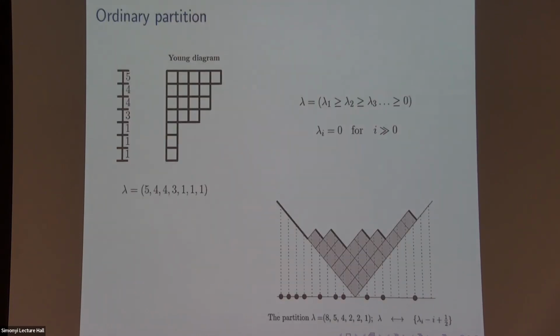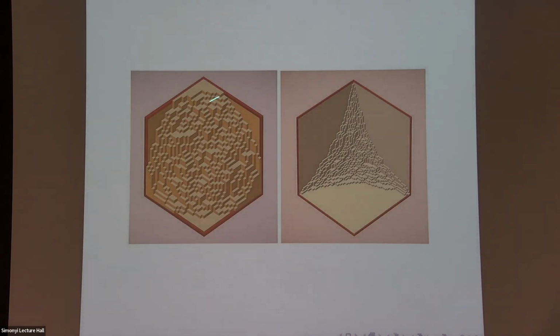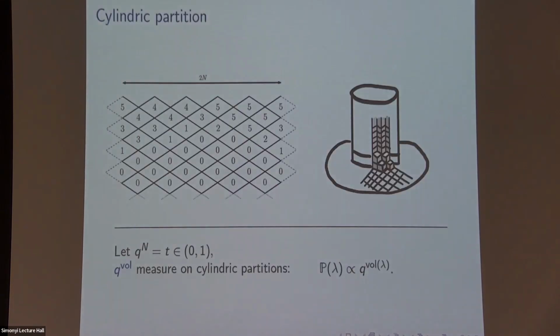Those are pretty much different models. So you're saying that this shifted Q volume corresponds to dimer, but this Q to the volume does not correspond to dimer. Yeah, it corresponds to restricted dimers, right?